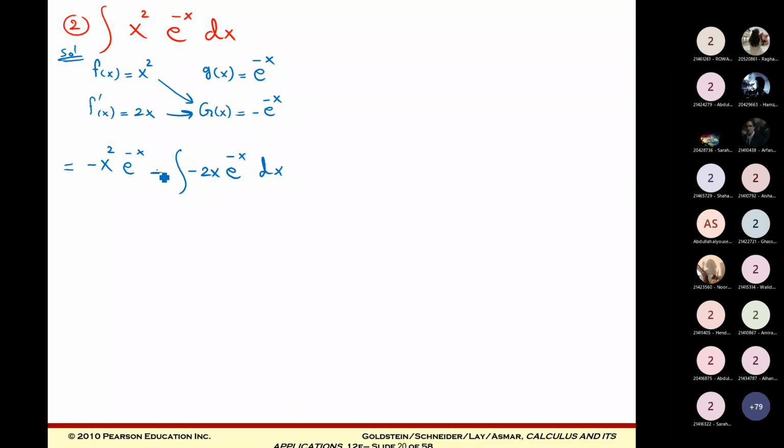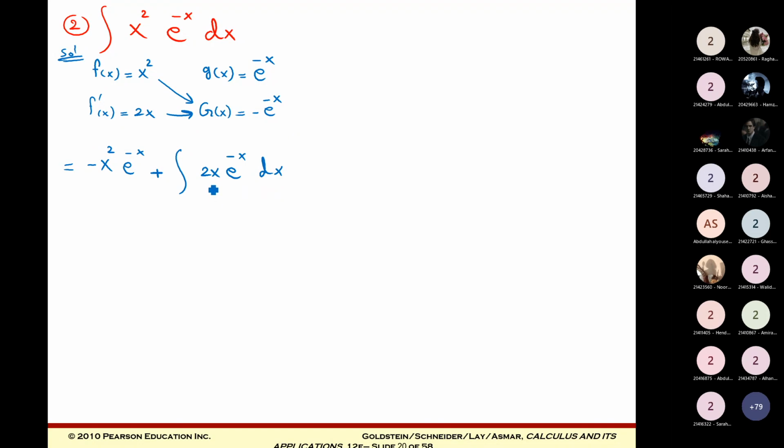Negative negative equals positive, so remove this negative. Now this integral again we need to find by parts, so apply integration by parts a second time.